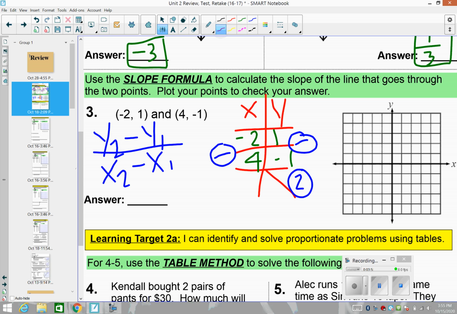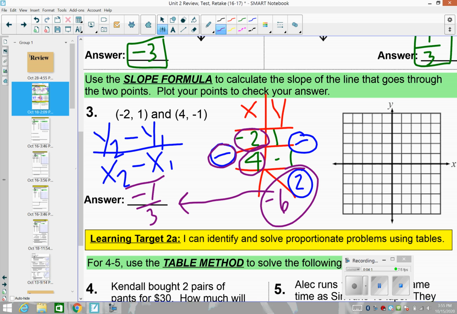And the right side then, -2 minus -4 is -6. So this reduces to negative, and 2 over 6 reduces to 1/3. We can divide the top by 2 and the bottom by 2. So that's using the slope formula, part 1.